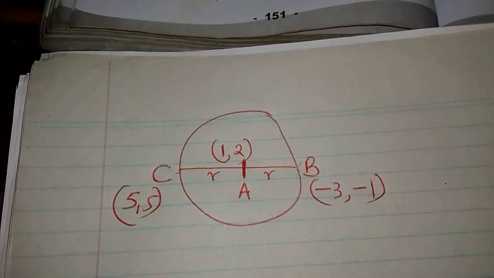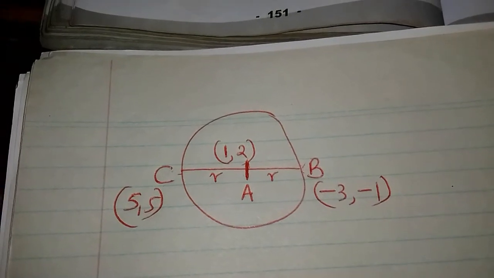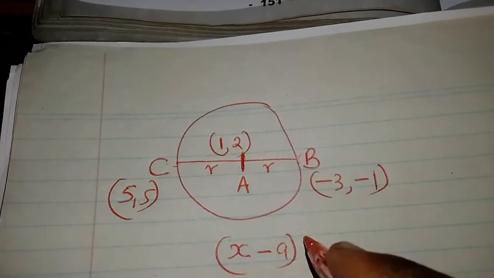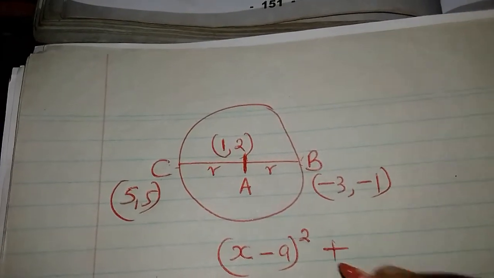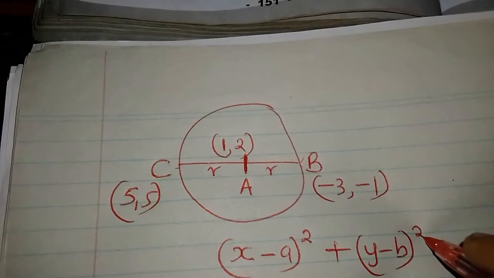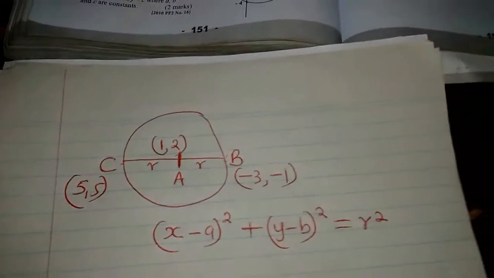I first have to introduce to you that the equation of a circle is always in the form (x minus a) squared plus (y minus b) squared equals r squared. Look at that.